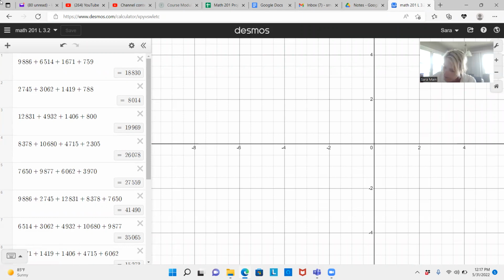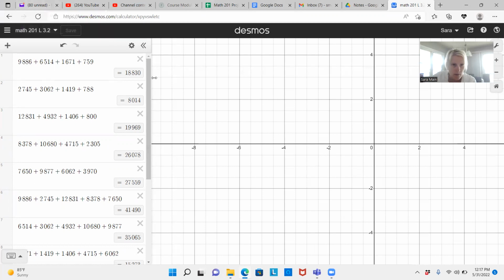The Native Americans are 8,014. The Latinos are 19,969. The Japanese Americans are 26,078. And the white, identified as white, was 27,559.